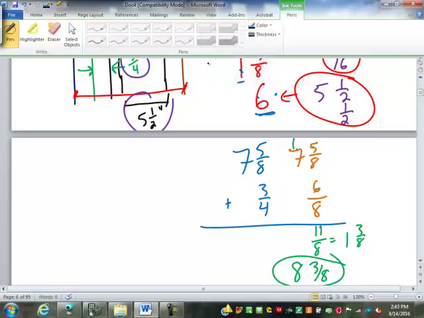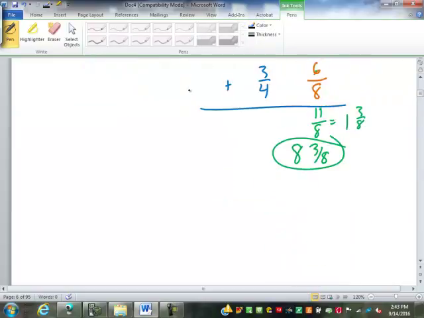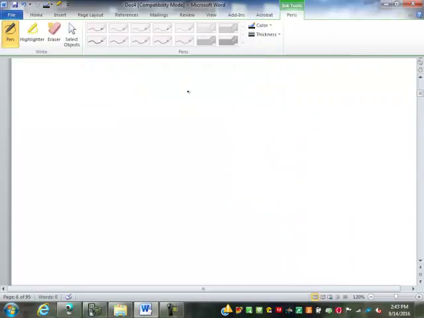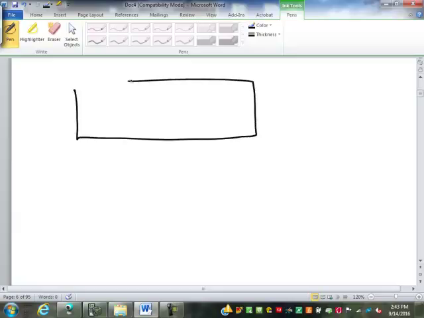Now I'm going to have you try this next one. We're going to be framing for a door. Be framing for a patio door, to be more specific.